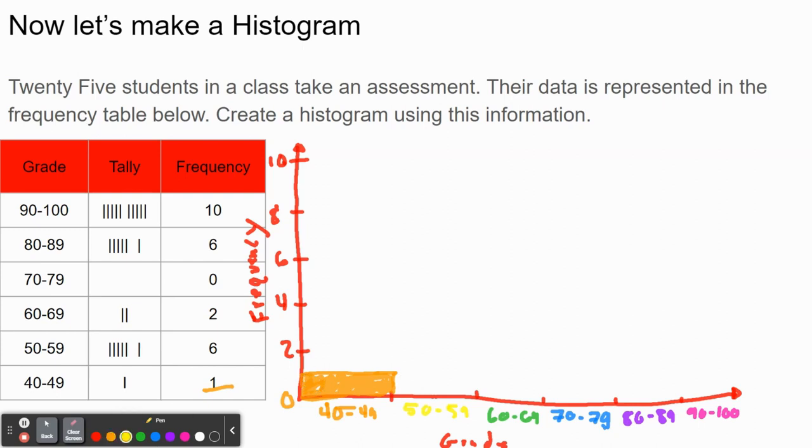So, we do that for the rest of them. 50 to 59, we had a frequency of 6, so we're going to put our line up here. We make a column out of it, and we can color that in. And I'm going to go ahead and speed through the rest of this, because it's the same thing.